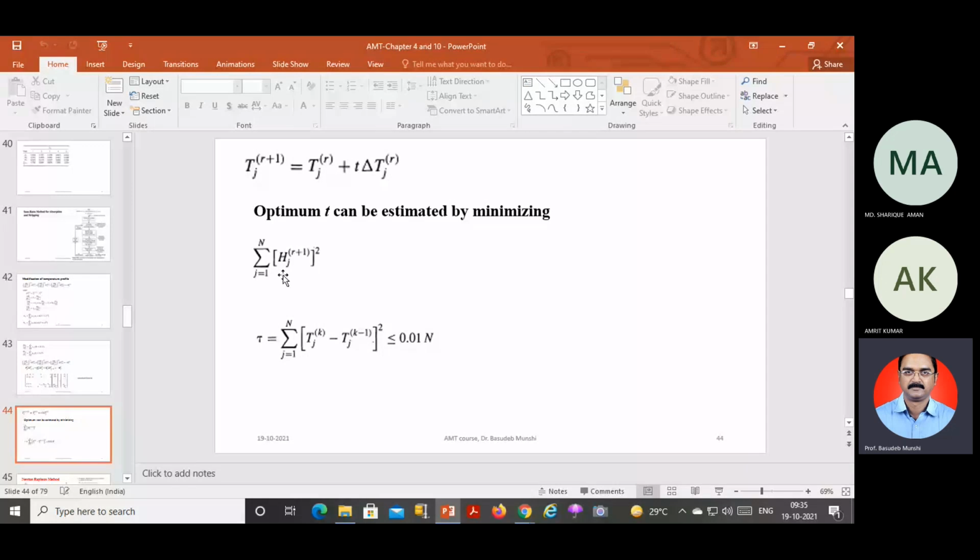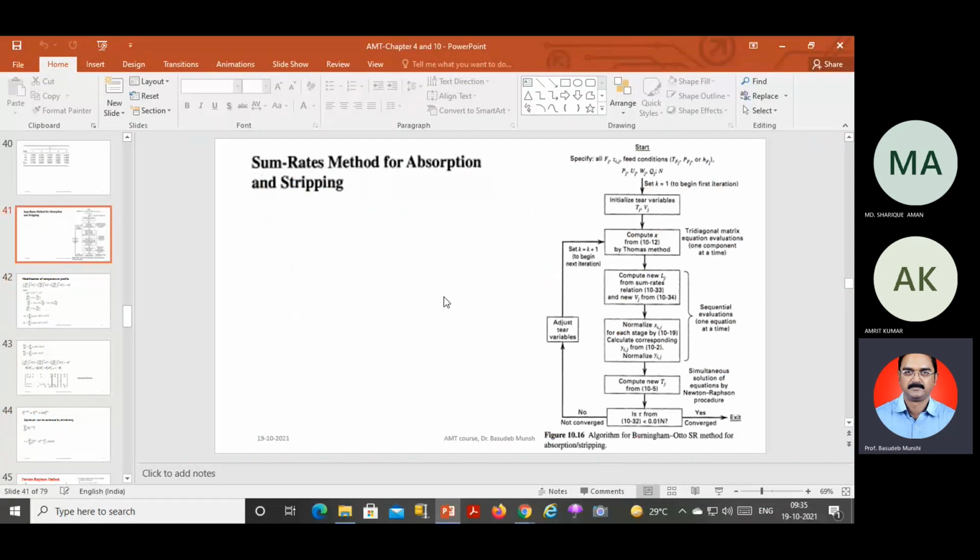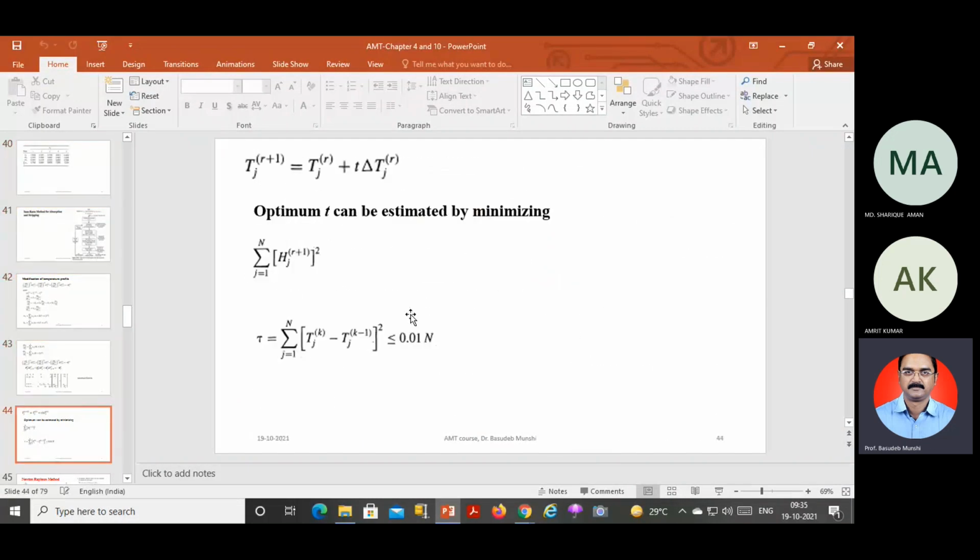Using the modified temperature, you can find out Hj. Hj is the energy balance equation that you know. Ideally, that Hj should be equal to 0, right? So for different values of T, you have different modified temperatures.